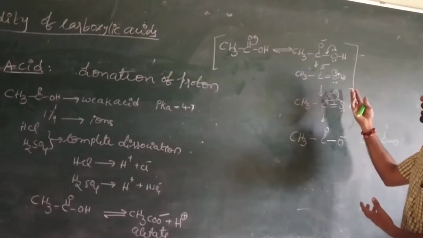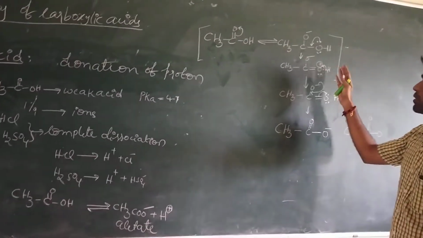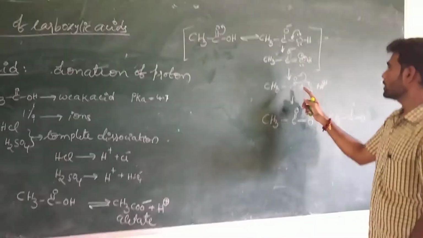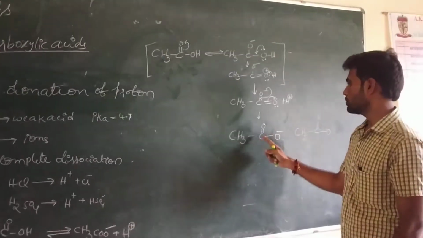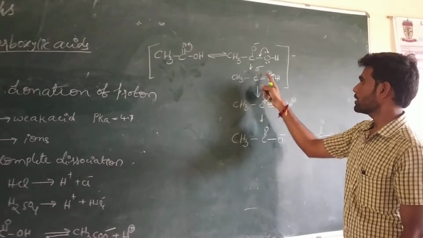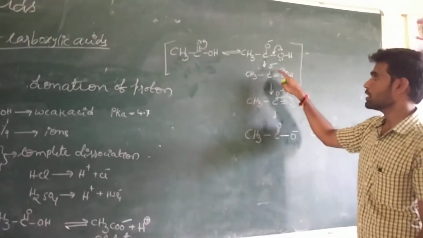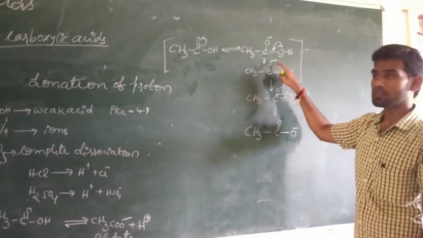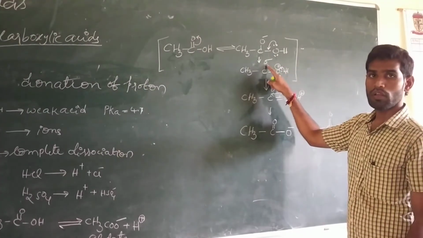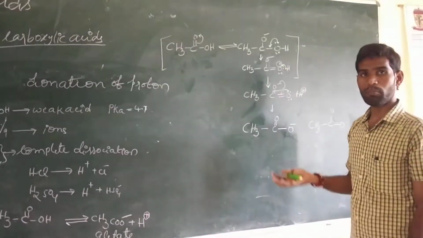Whenever we apply the energy, the bond between the oxygen and hydrogen is broken, and only one charge is distributed between the atoms. Otherwise, one oxygen has the positive charge and another has the negative charge in the same molecule. So in order to separate that, we apply energy.